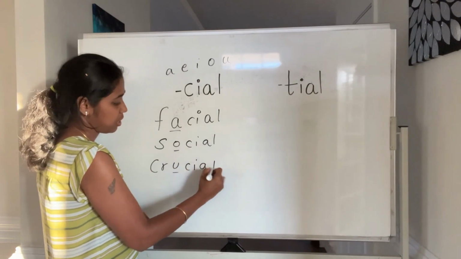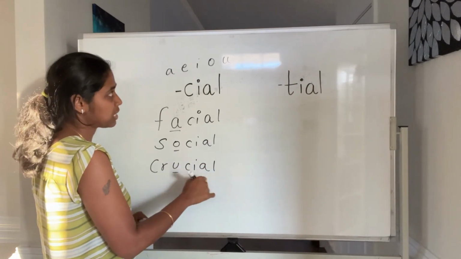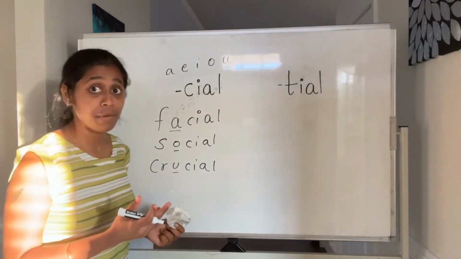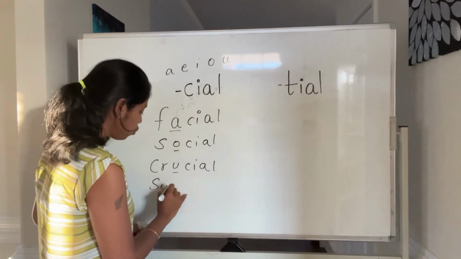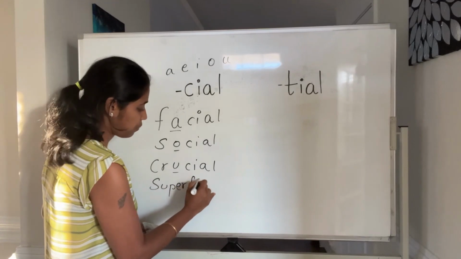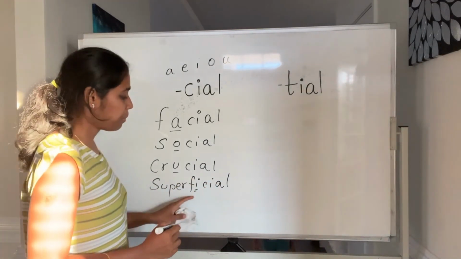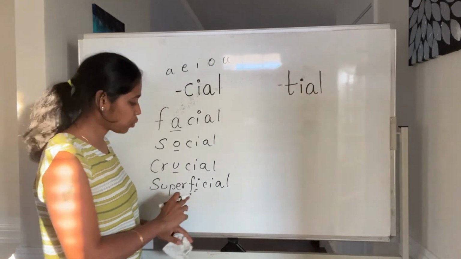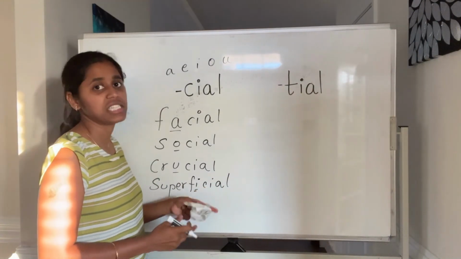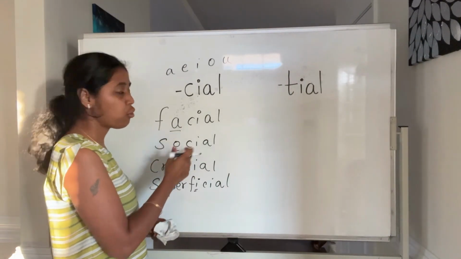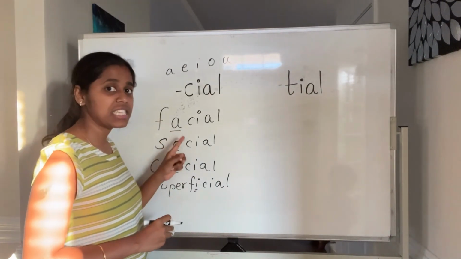So U, a special letter, followed by the cial sound, it's cial. Next, superficial. Okay, I followed by the cial sound, it is cial. Like that, if it is a special letter followed by the cial sound, it is cial.